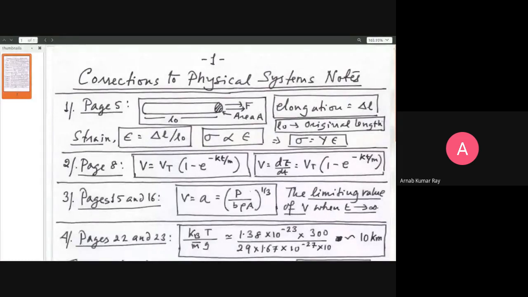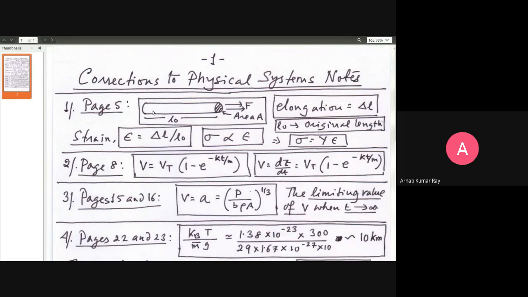by interrupting verbally. So here in the top part, these are corrections to the physical systems notes. I've just added some extra discussion. This was just on page 5 of the physical systems notes. As I told you, your course material will be broadly divided into 3 categories of topics: mathematical theory, physics theory, and physical systems.